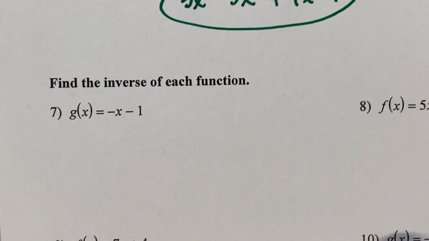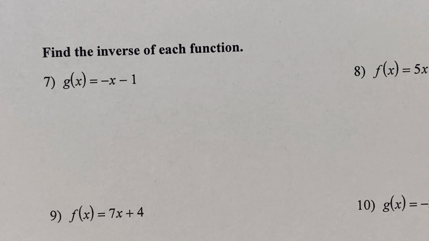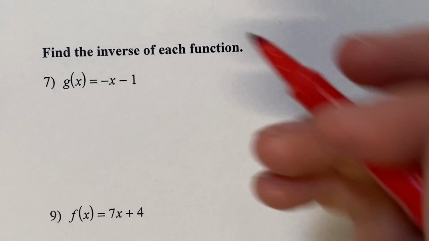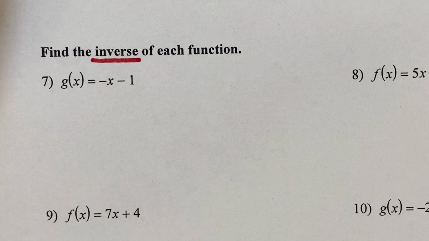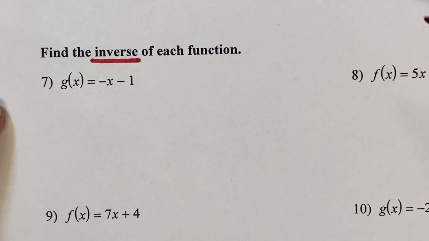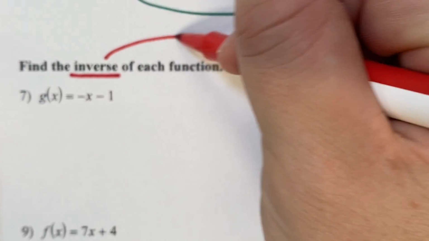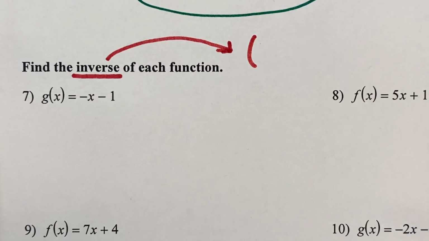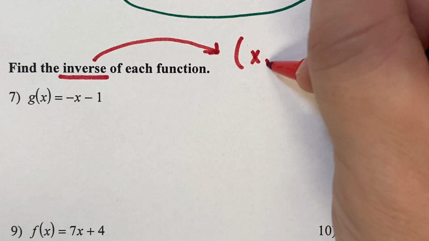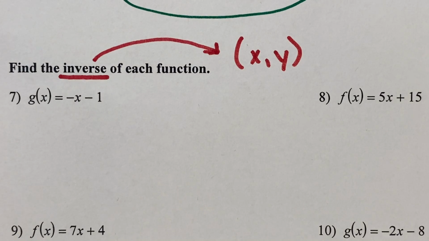Okay, so here comes the new stuff. We're asked to find the inverse of each function. Well, this will make sense in a second. So with a coordinate point, we always start as x comma y, right?